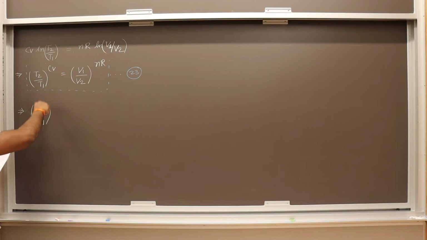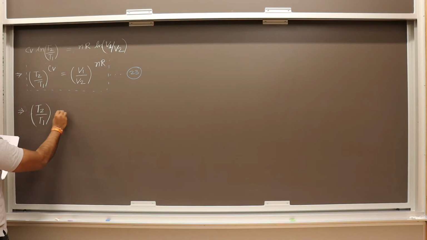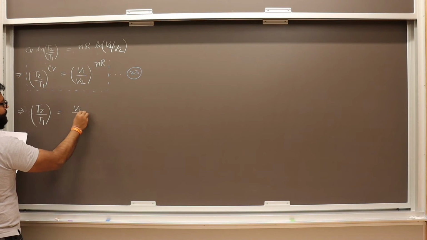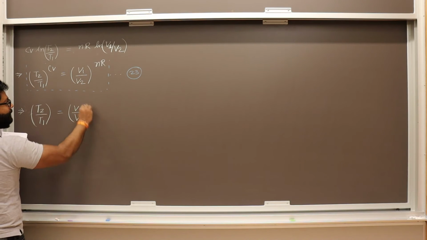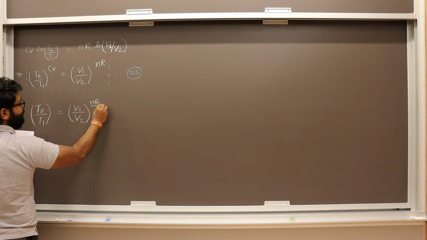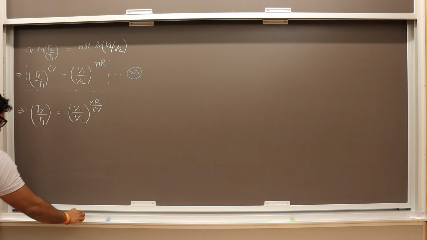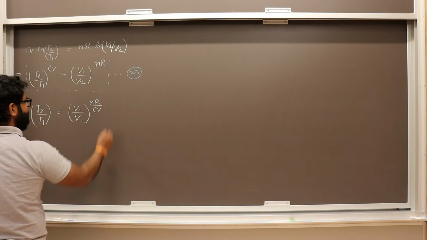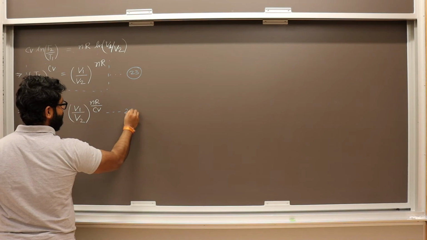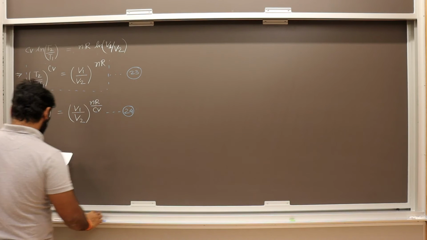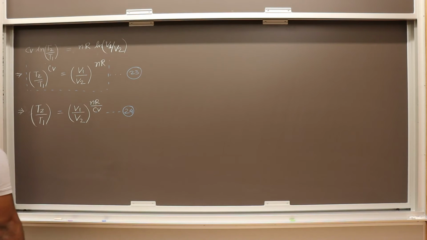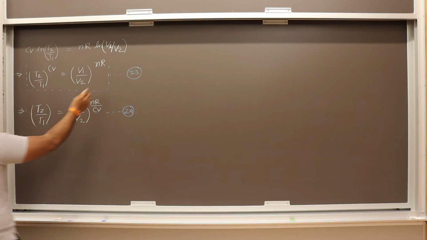So if I take the Cv-th root, so this becomes 1, and in here we get nR by Cv, okay? And I'll call this equation 24.